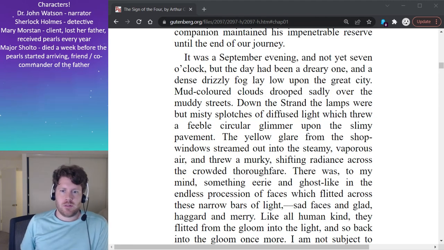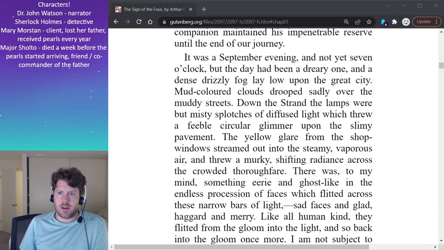It was a September evening, and not yet 7 o'clock, but the day had been a dreary one, and a dense drizzling fog lay low upon the great city. Mud-colored clouds drooped sadly over the muddy streets. Down the Strand the lamps were but misty splotches of diffused light which threw a feeble circular glimmer upon the slimy pavement.